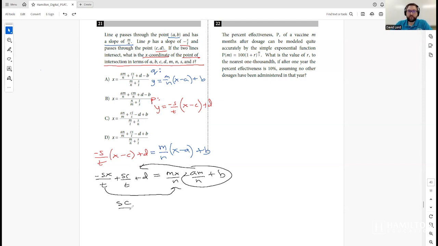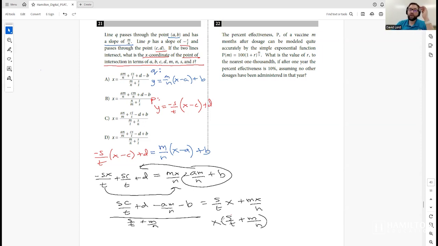So we have SC over T plus D minus AM over N minus B is equal to S over T x plus Mx over N. From here, we can factor out the x term, and then we will divide all of the left side by S over T plus M over N. Now, we might need to find a common denominator.